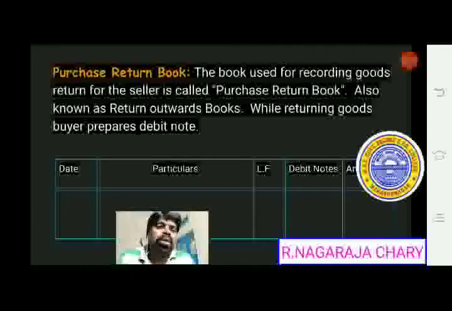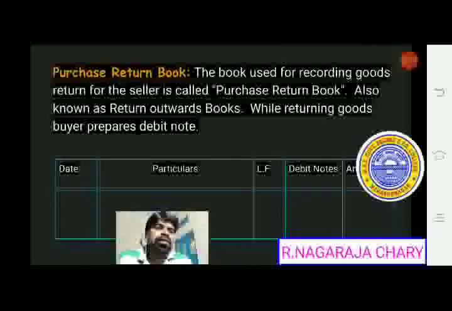The book used for recording goods returned to the seller is called the purchase returns book, also known as the return outward book. While returning goods, the buyer prepares a debit note, right. Here, earlier we already purchased on credit basis, and that material was received by the firm and recorded, but due to some reasons we may return some of that material.